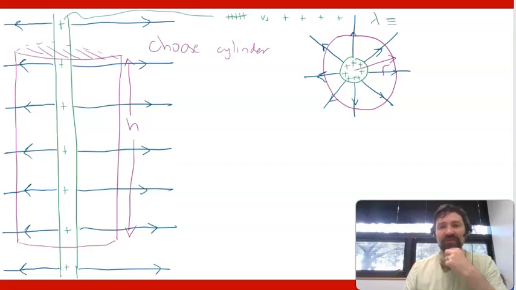So lambda will be defined as basically charge on line per unit length of the line.